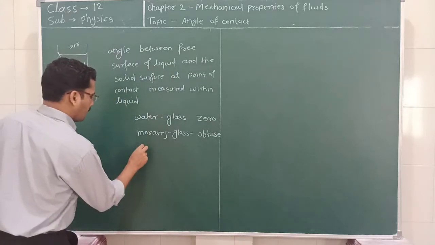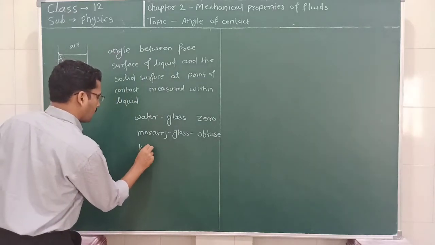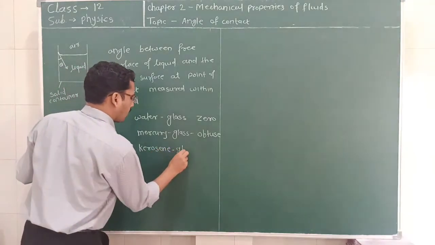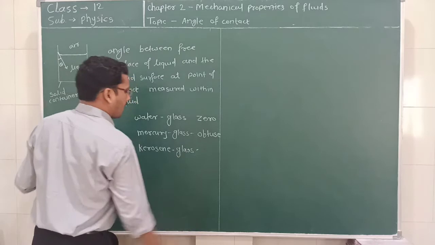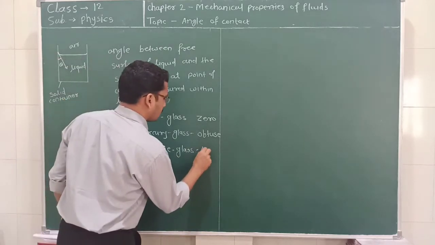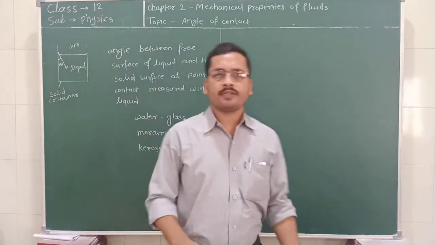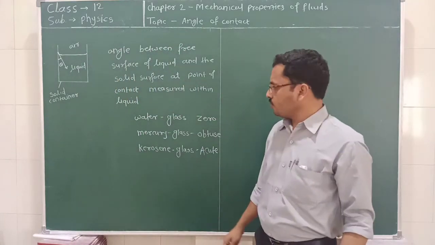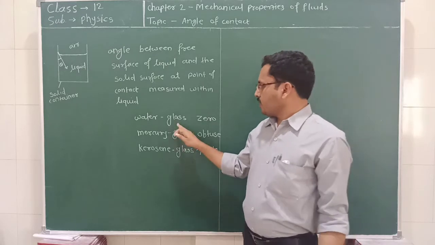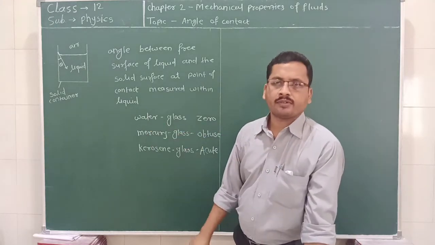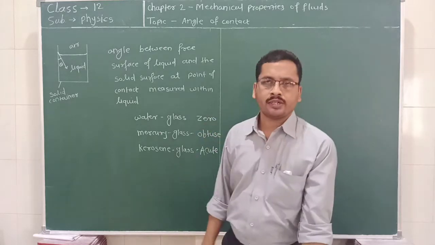And if we take kerosene and glass, this angle of contact is acute. Acute means less than 90 degrees. So we see that here glass is common, but as we change the liquid, the angle of contact also changes.